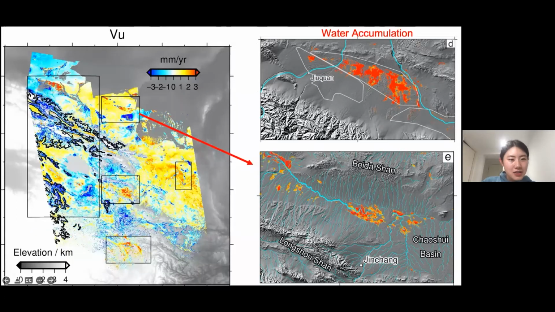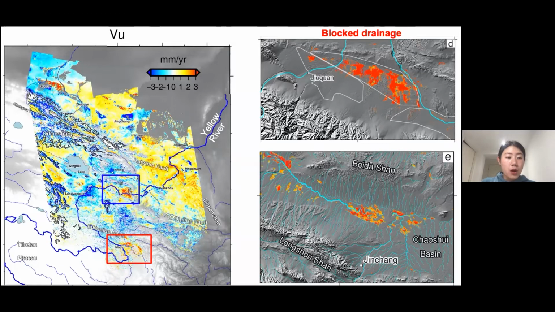And it turns out this patch is here, and this triangle is here. It turns out there are other areas with also rapid uplifting signals. And if we plot the major drainage on top of it, we see they are at various places along the track of the Yellow River.